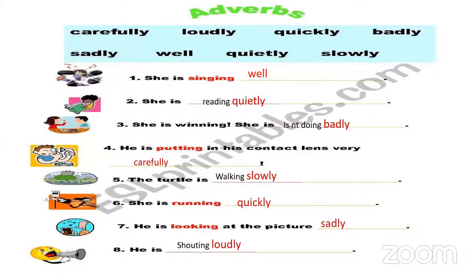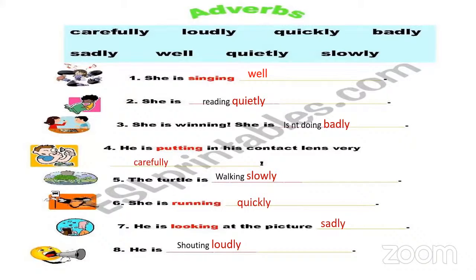Right? So that must be done very carefully. Next one. The turtle is walking slowly. Who is the turtle? You can see in the picture. Walking should be a simple W. It's a printing mistake. The turtle is walking slowly.